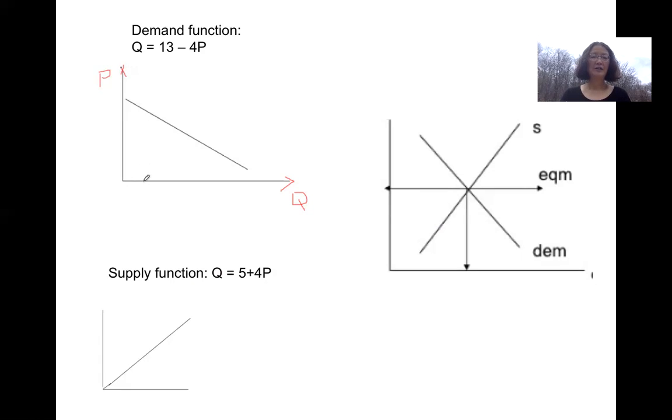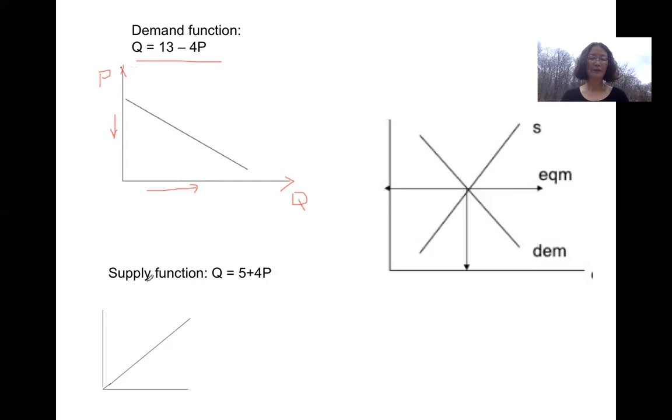Okay, when the quantity of demand increases, the price drops. This is the nature of the demand. But when you write down the equation, we use Q as the dependent variable and P, price, as the independent variable. So this is an example of a demand function.